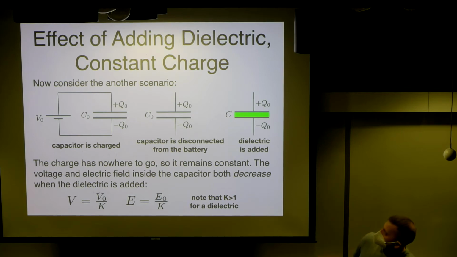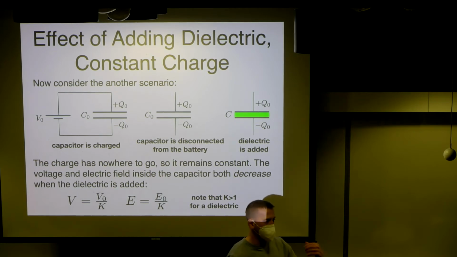Here's the scenario. We're going to take three steps. First, we take a capacitor that has no dielectric between its plates, and we charge it up by connecting it to a battery. When we do that, we get charge plus Q naught and minus Q naught on the plates. That's the same starting point as before.